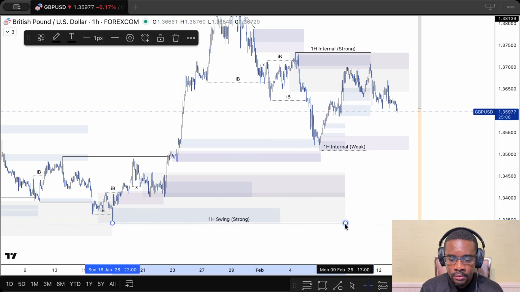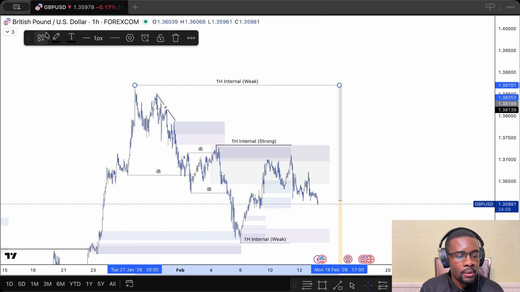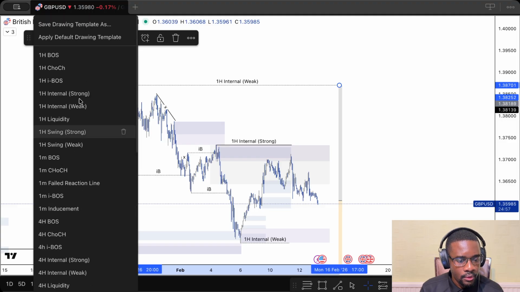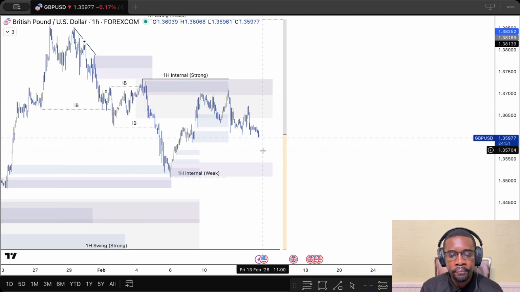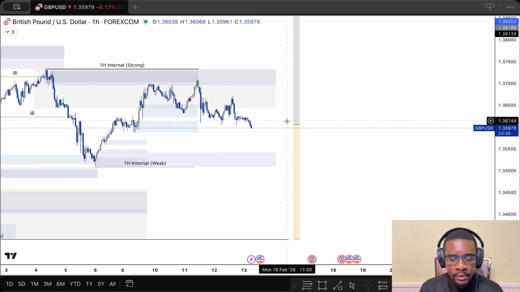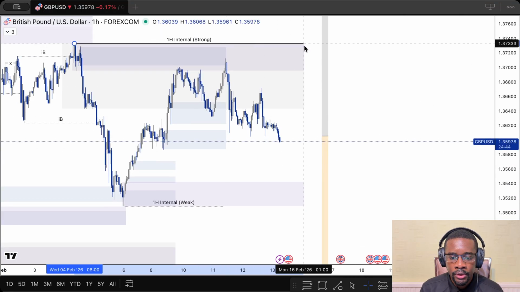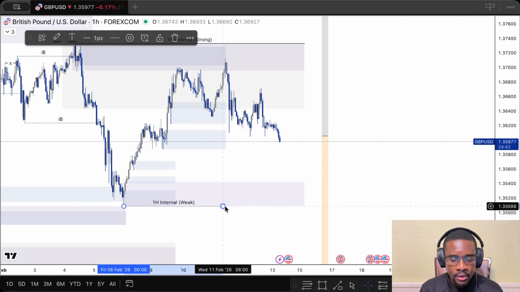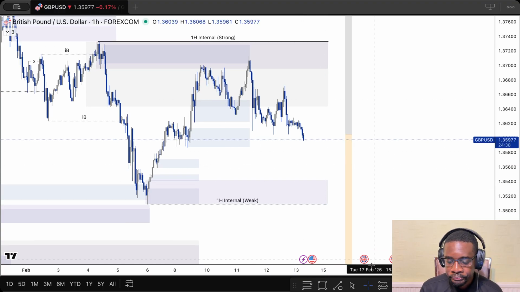This is our 1 hour swing wick, and then this is our internal range. This is where we are. So internally we are bearish on the 1 hour, which is aligned with the 4 hour.